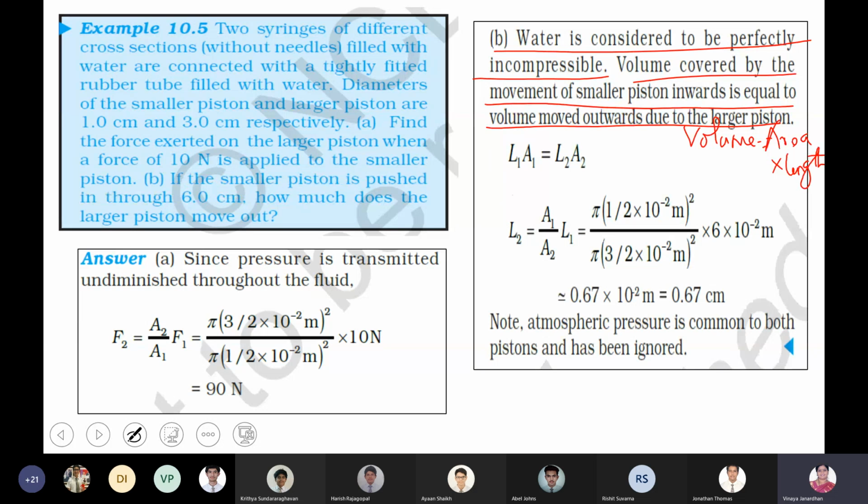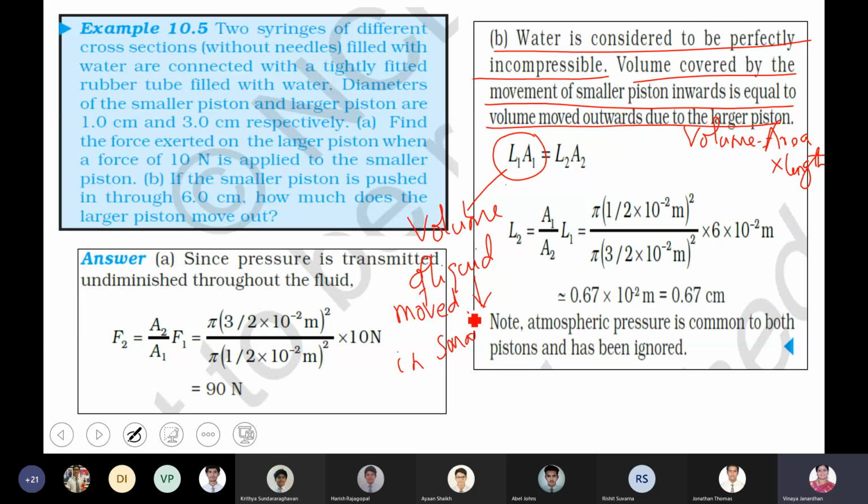So what is the volume covered? This is the volume covered by the smaller piston. When the smaller piston is moving down, the liquid column would have moved down by a volume L1 A1. See, this is the volume of liquid moved down in the smaller cylinder.